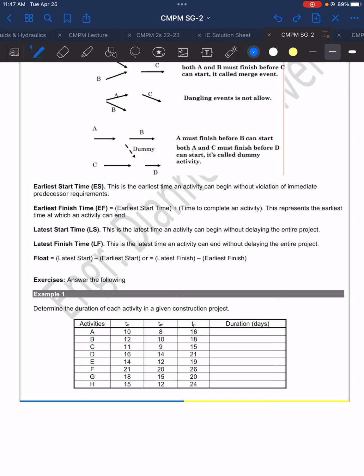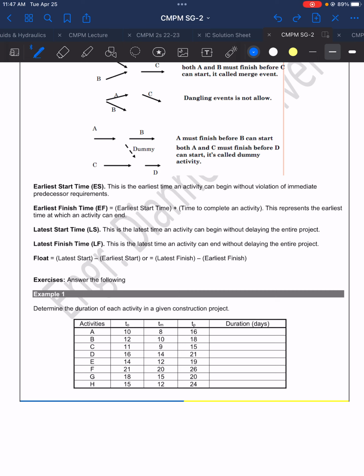Okay, so what we need also to remember in our discussion is that the earliest time here, the ES, is the earliest time an activity can begin without violation of immediate predecessor requirements. So it's the earliest time an activity can begin without affecting the duration of the entire project.